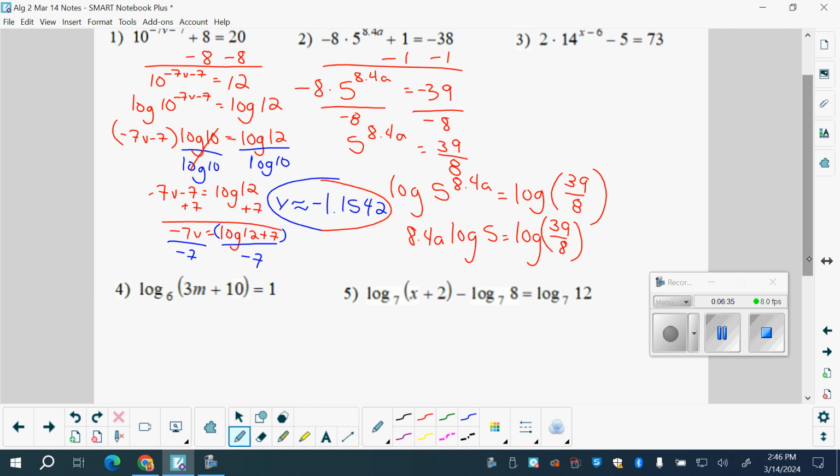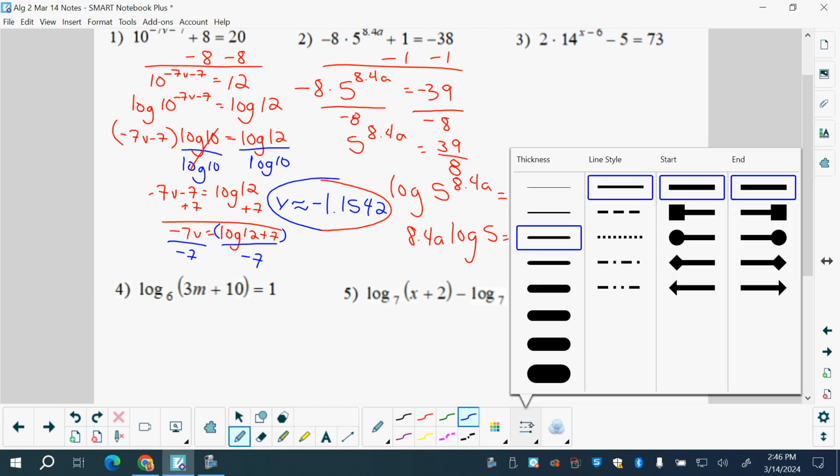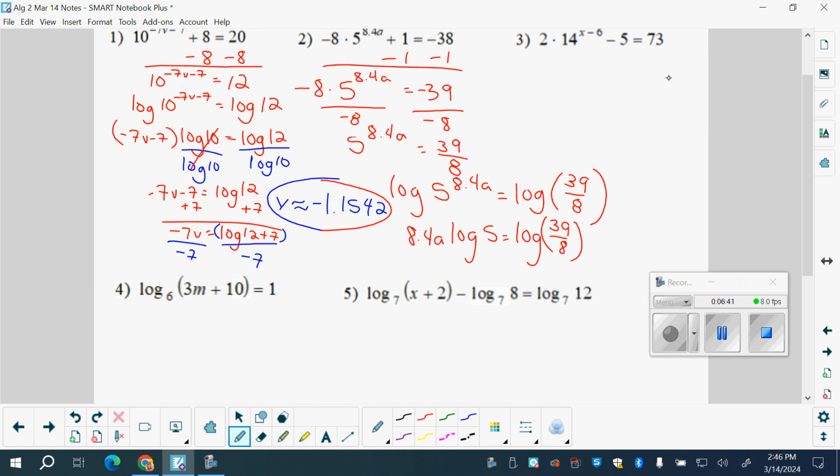And then next step. Yep, you can divide by log 5.